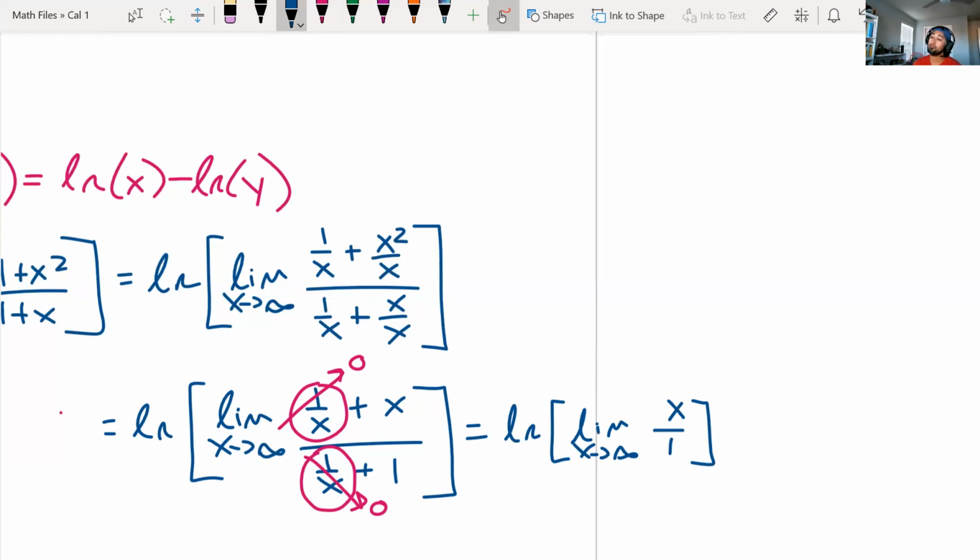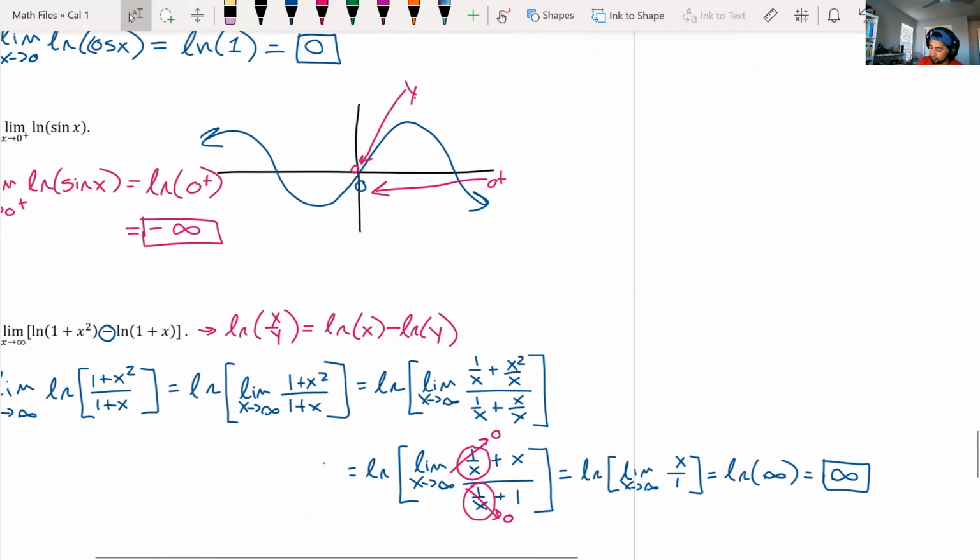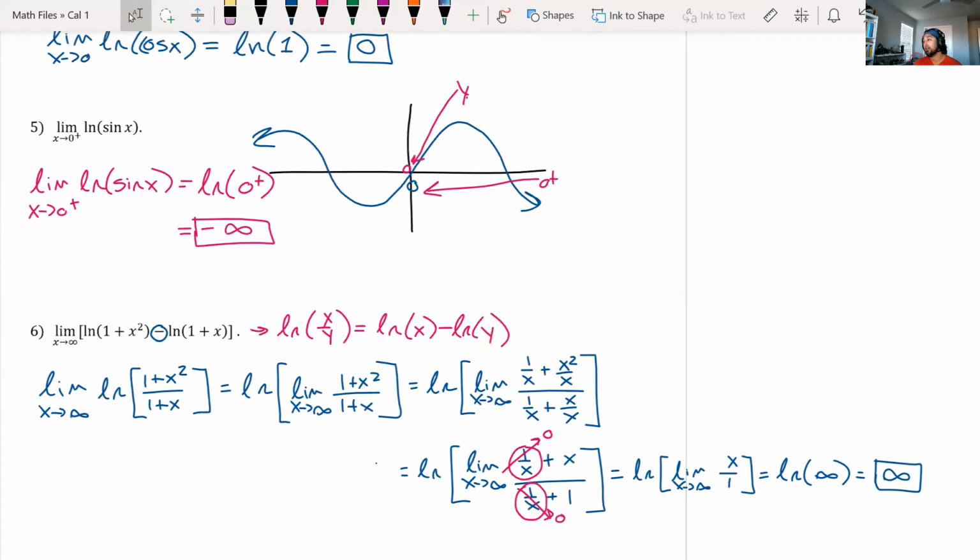And now, if you plug in infinity, you'll get the natural log of infinity, which is just going towards where? To infinity. That's it. Good. Any questions on that one?